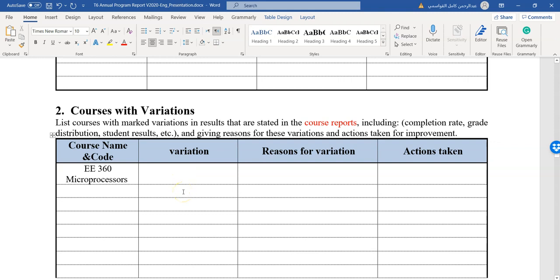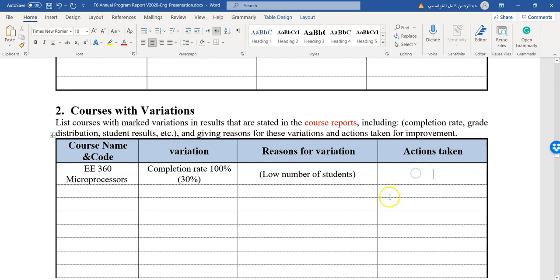The variation is regarding the grades, the completion rate. For example, the completion rate is high, for example, 100%, or low, for example, 30%. So what is the reason of variation? You can write here, for 100%, for example, low number of students. For example, if it is 30, you can write the reason.